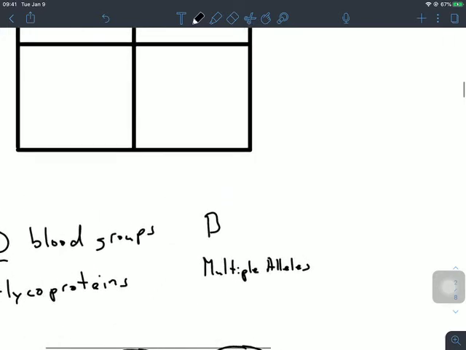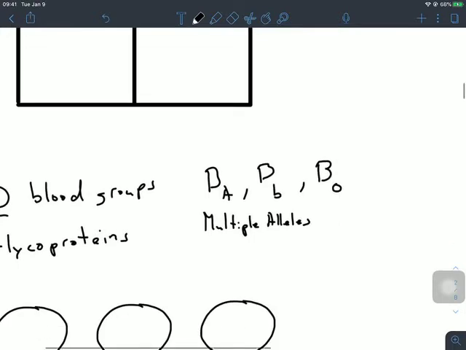You have the blood type A, you have the blood type B, and then you have the blood type O. And A and B are codominant, and O is recessive to both of them.